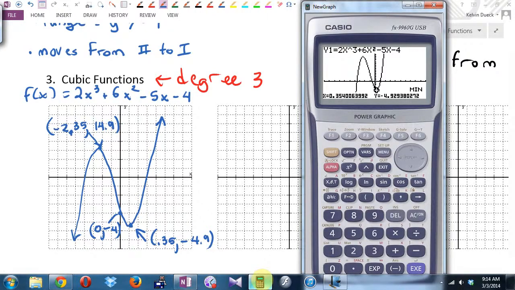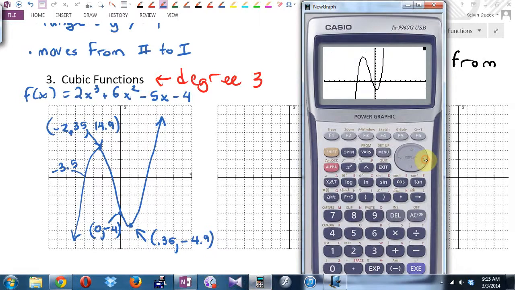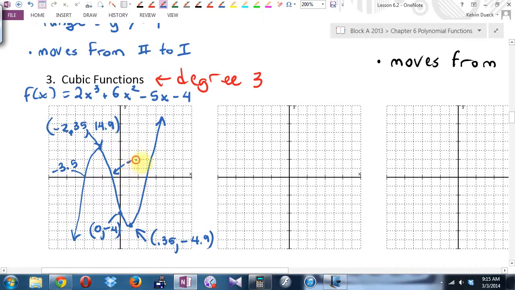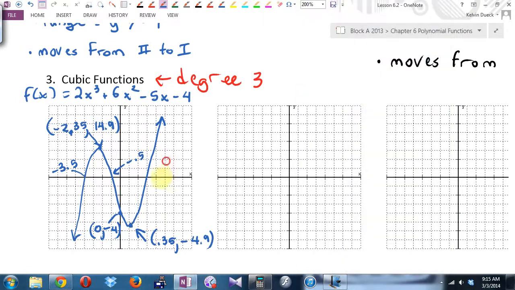Oh, and I'd like to find the roots. G-solve root. -3.5. -0.5. (1, 0), I guess, if I round off to one decimal place.